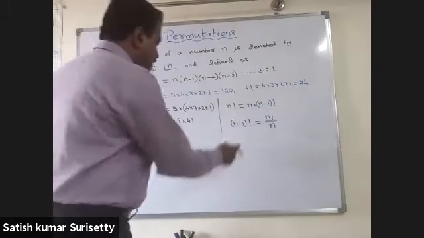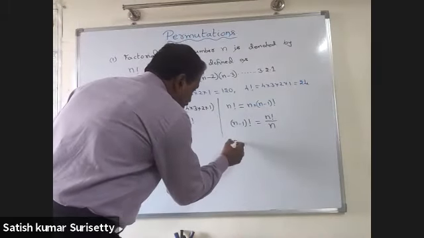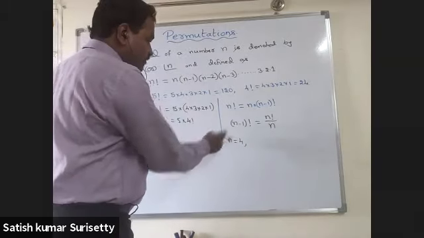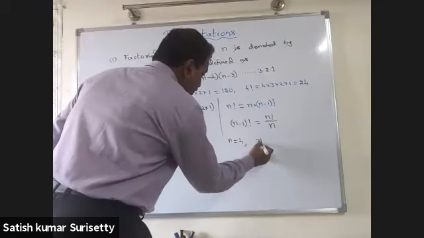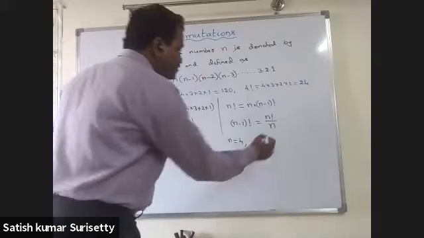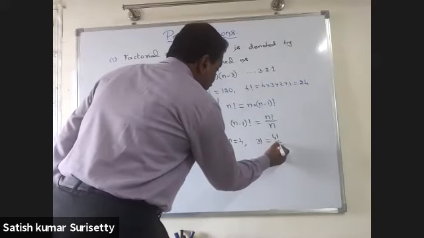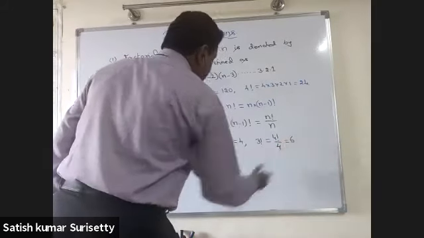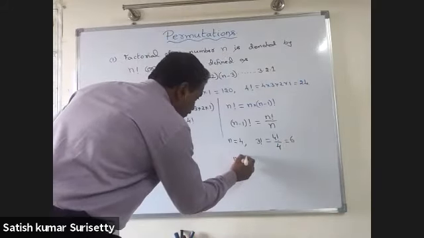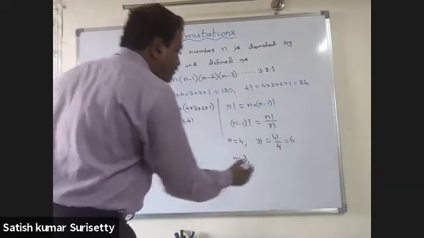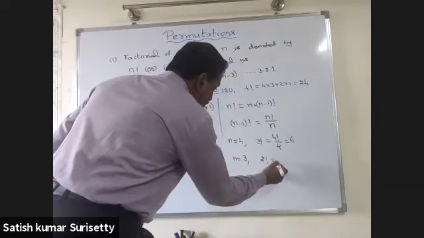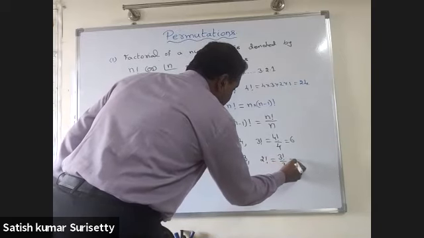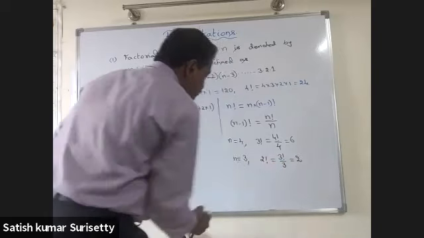Now let us take few numbers. Let us take n equal to 4. Left side will be 3 factorial equals 4 factorial upon 4, which is 6. If I take n equal to 3, left side 2 factorial equals 3 factorial upon 3, that is 2.